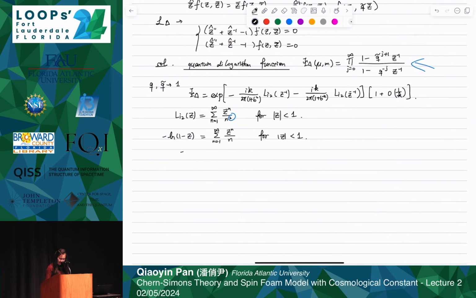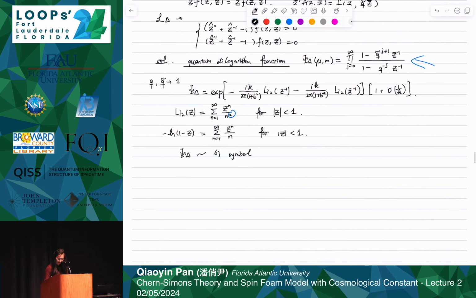Okay, so in the literature, it's found that this quantum dilogarithm function can be interpreted as some 6j symbol. And this 6j symbol is not the one of SU(2) that many people could be familiar with, but it's a 6j symbol of the Weyl algebra.